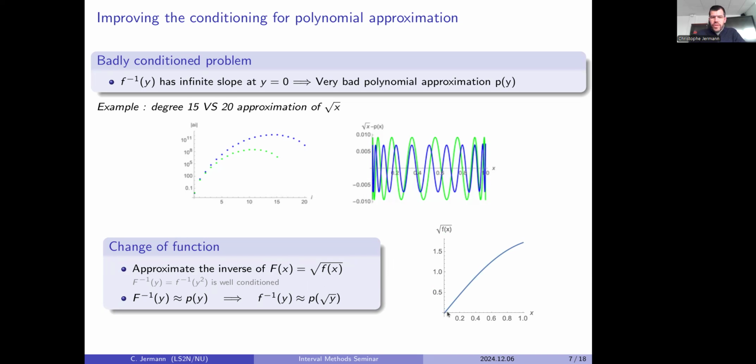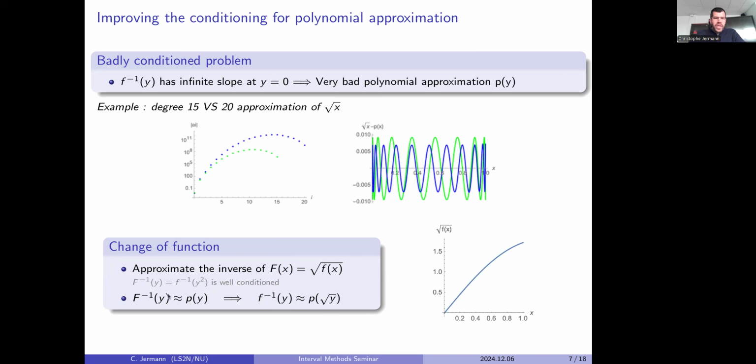Using this operation, the behavior around 0 becomes a lot slower, I would say. The fact that the derivative goes to infinity becomes slower, and we can approximate better closer to zero. But we'll see that it remains difficult to attain zero.